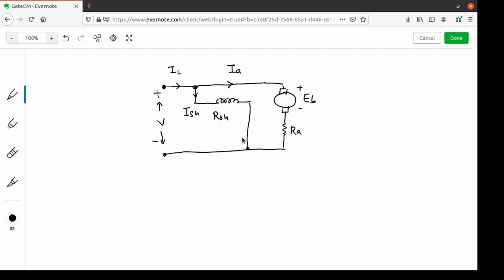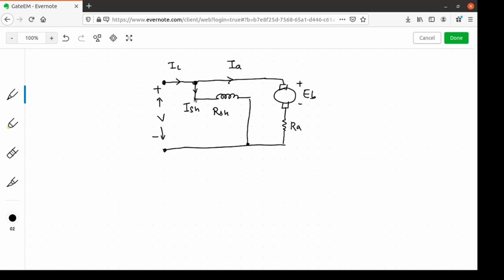So first we need to find the armature current since we are given the line current. So let us use the KCL at this node.